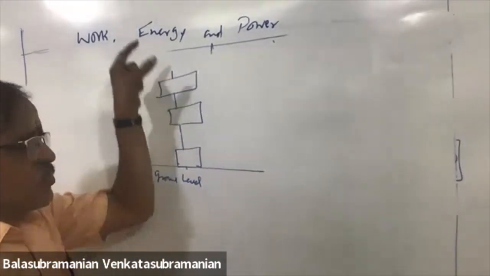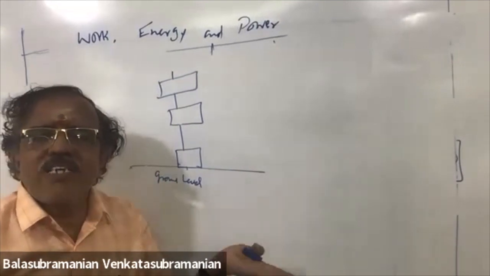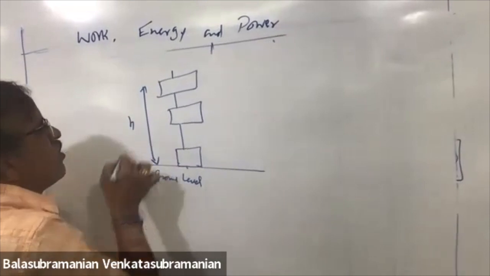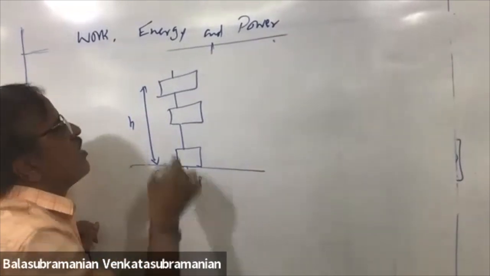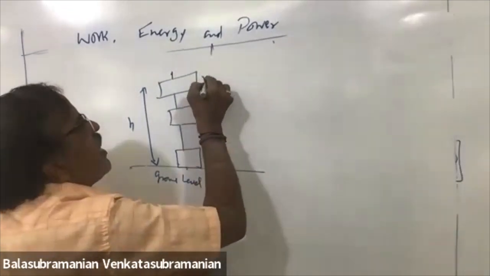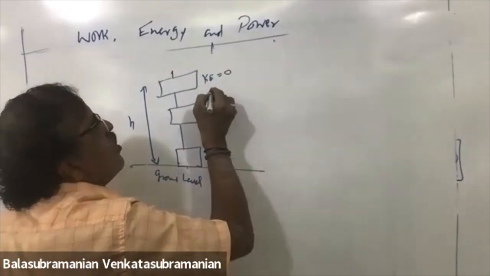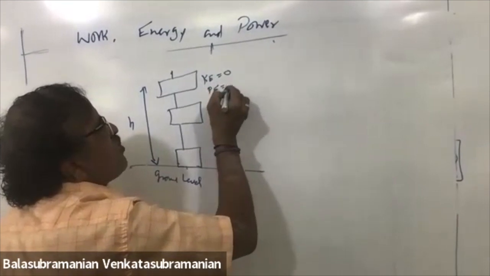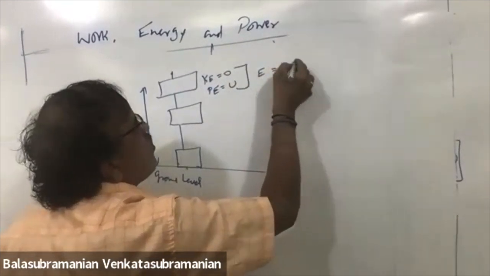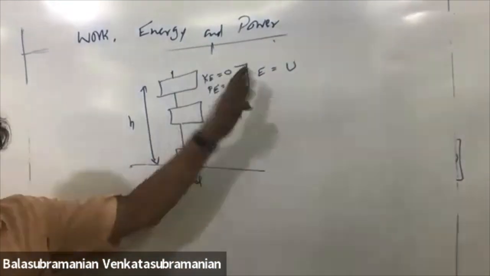You have a box. The body is raised to a height, say h. At the highest point, you know very well, kinetic energy is 0, potential energy is U. So total energy is equal to U because kinetic energy is 0.